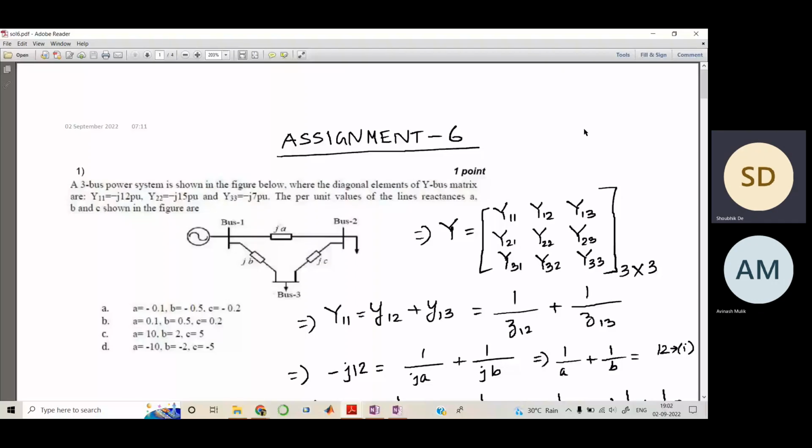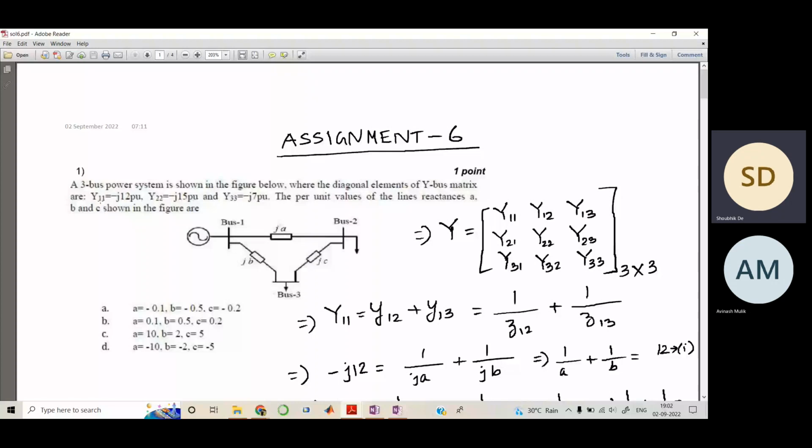So we'll be looking at assignment 6 problems today, and this assignment mainly deals with the load flow studies. So let us first look at the first problem.